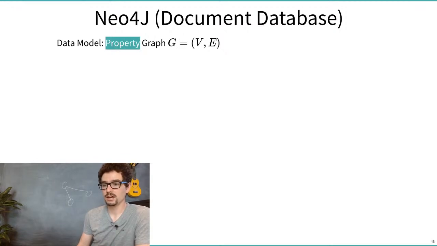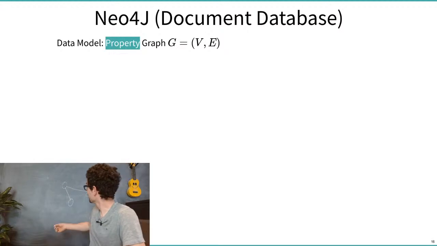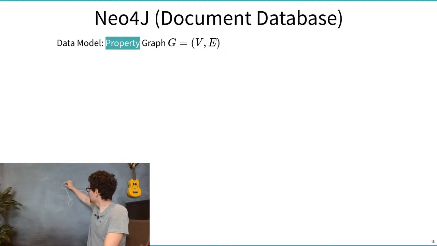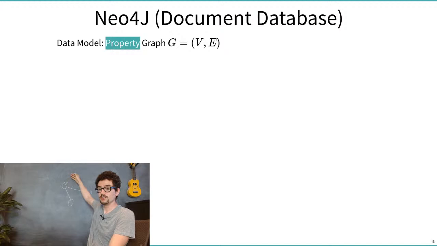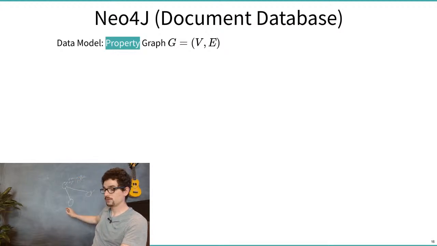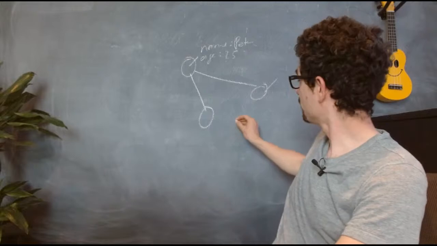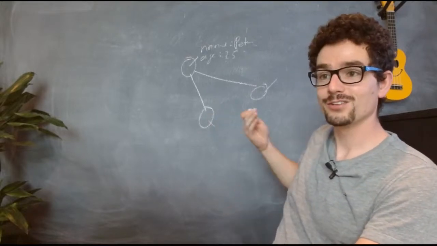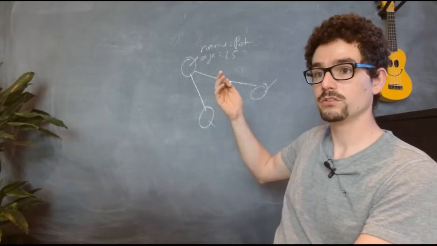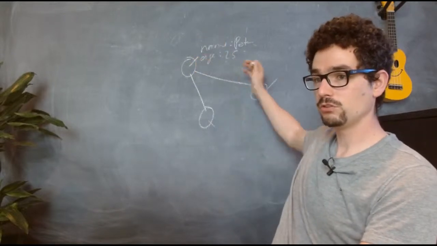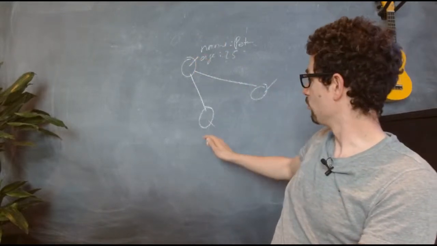Property is basically like key value pairs again. So this node has an arbitrary list of properties. Name, Peter, age 25. And this node has other properties, and this node has other properties. So each node again can have arbitrary properties and values. Name, age, name, city, and so on.